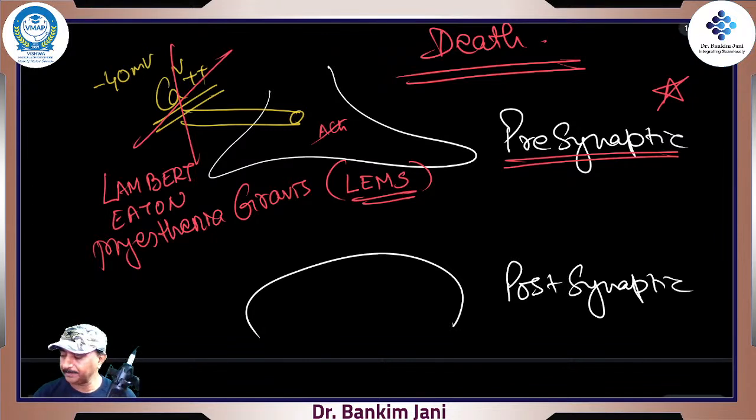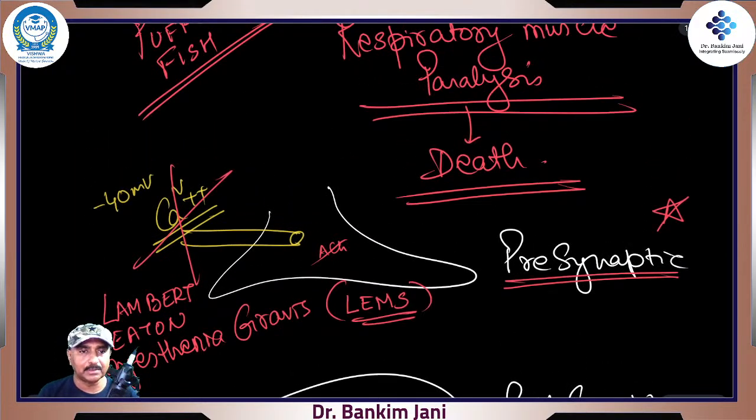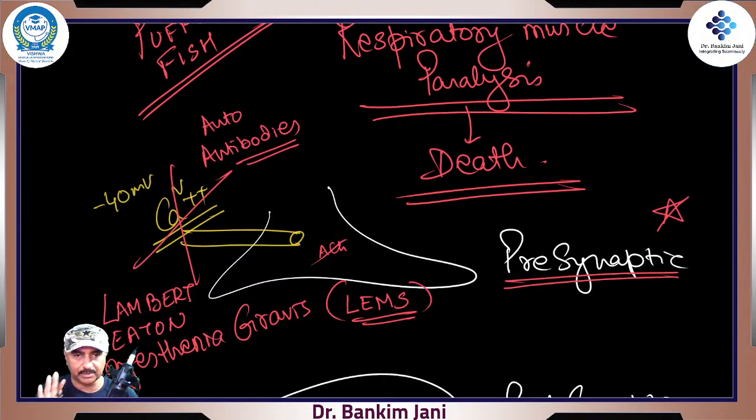Why should it happen? Because the body develops antibodies. Why should the body develop antibodies against its own? It is an autoimmune disorder in which autoantibodies are created against the voltage gated calcium channels, and those channels are blocked or destroyed. When they are destroyed, we are not getting sufficient calcium, so the vesicles won't go for exocytosis, and acetylcholine is not released into the synapse.